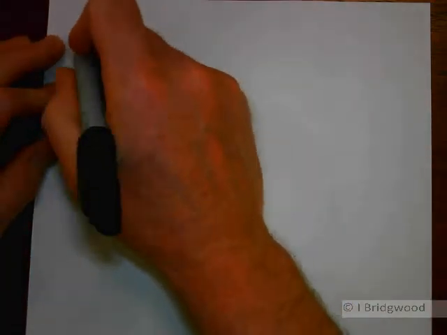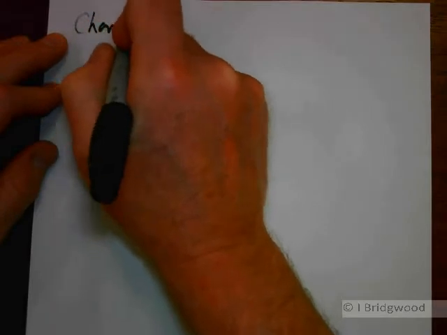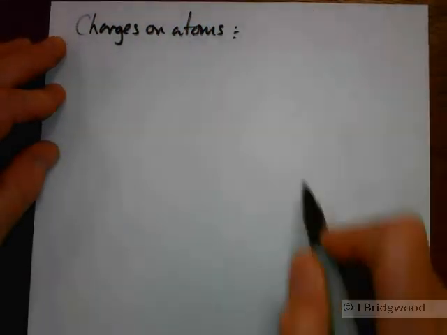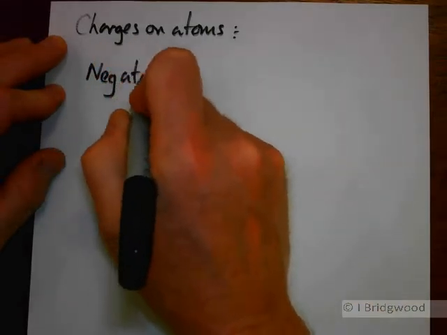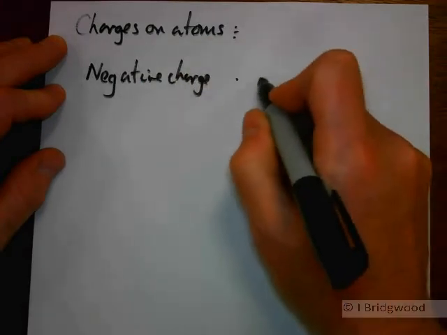So what happens when we have charges on atoms and we need to form covalent bonds with charged atoms? Now in this case, of course, if we've got a negative charge, we must have 1 extra electron.